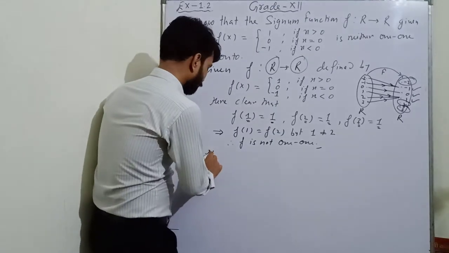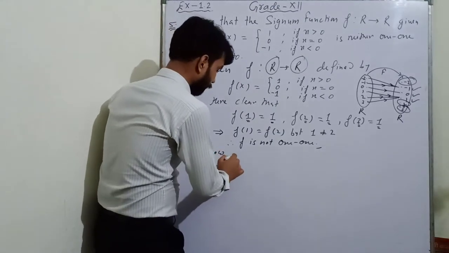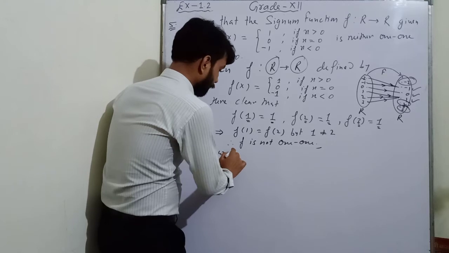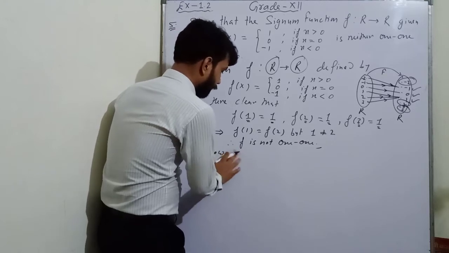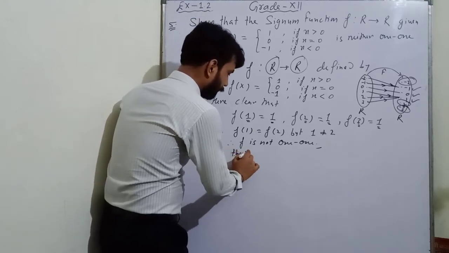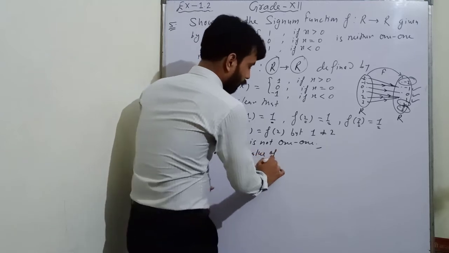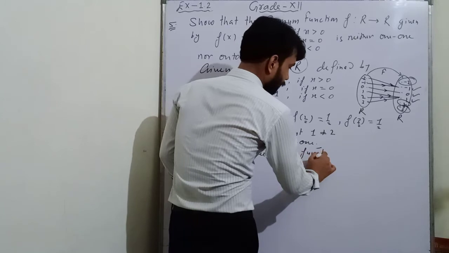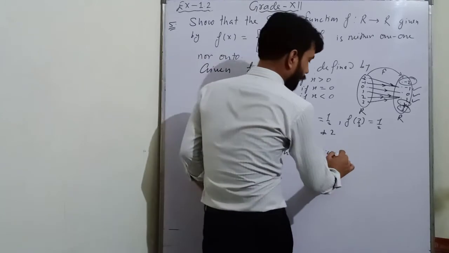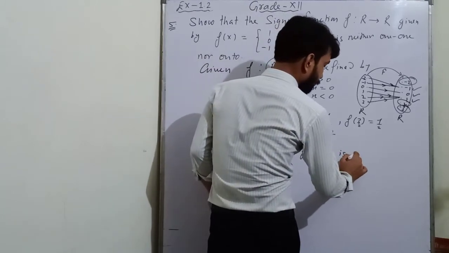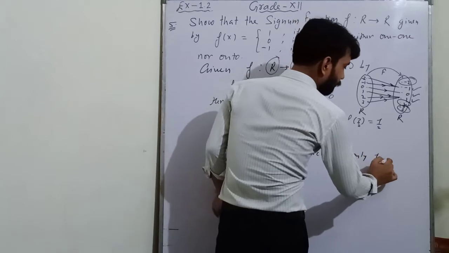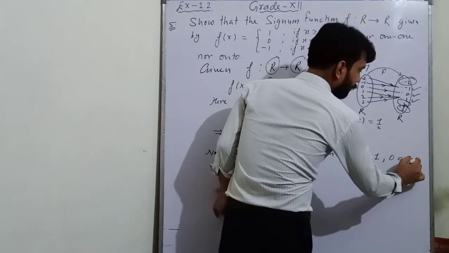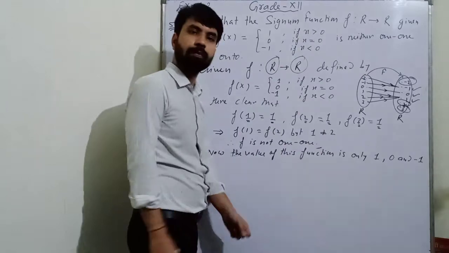Now the value of this function is only 1, 0 and -1. Clear?